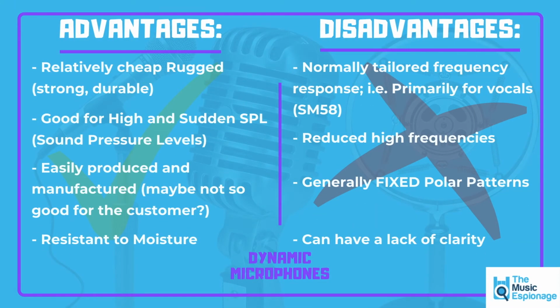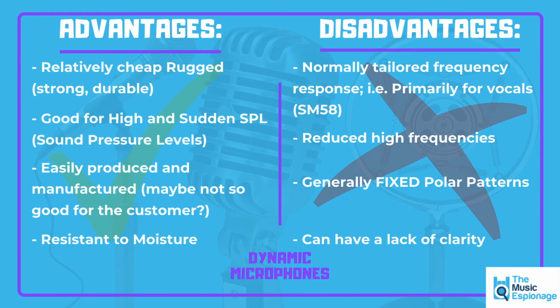So the advantages and disadvantages of dynamic microphones. Well, dynamic microphones are relatively cheap and rugged. They're strong and durable. There's videos on YouTube of guys smashing the hell out of a dynamic microphone, chucking it around on stage, and it still works after. Dynamic microphones are really, really good for high and sudden SPL.